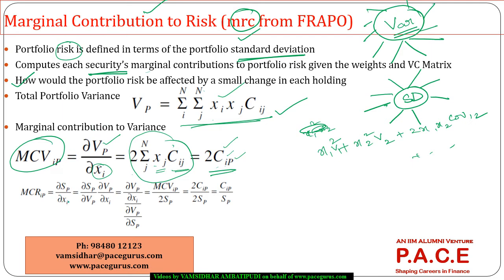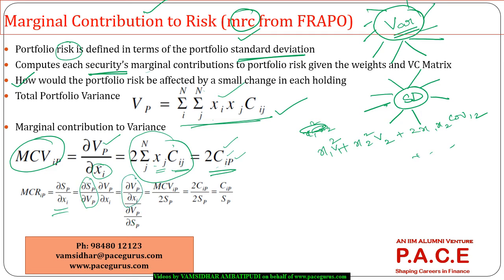And if I want the marginal contribution to the standard deviation, I am taking the derivative of the standard deviation with respect to xi. To do that, I am making a small adjustment. I am multiplying and dividing by dou variance. That way, I can write it as dou variance by dou xi divided by dou variance by dou sp. This is what I am taking to the denominator.